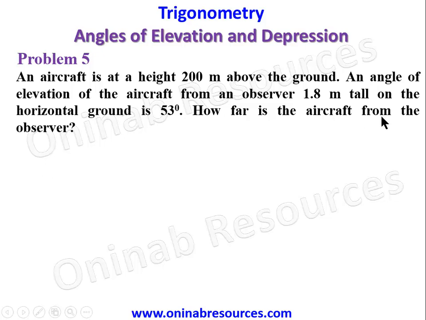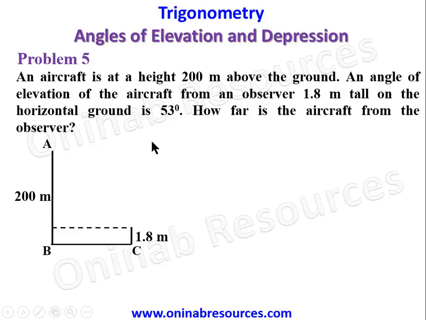If you have the aircraft here, AB, 200 meters above the horizontal ground, and the man is at this point C, which is 1.8 meters tall, and the normal we have to create.